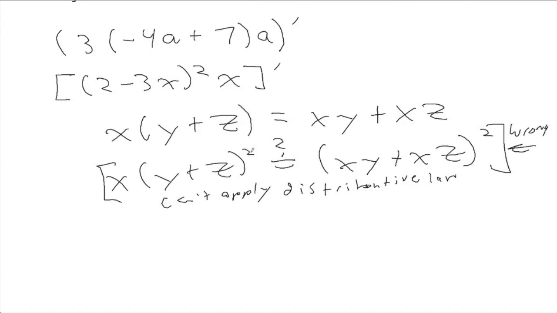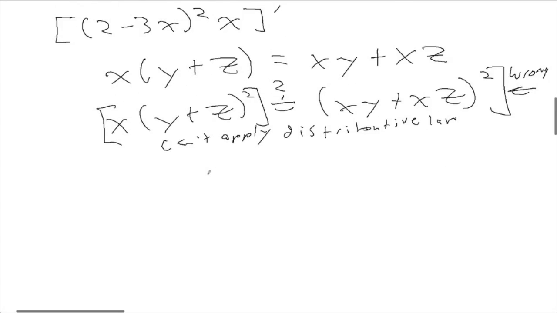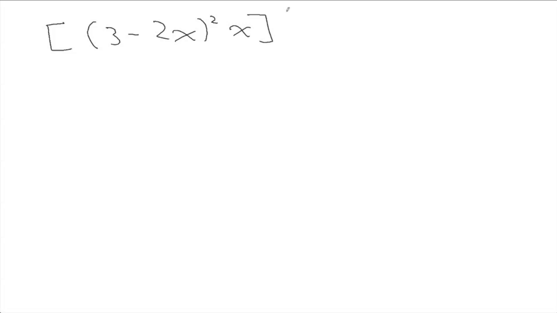So how do we get rid of this exponent? Well, you were just mentioning you can get rid of the exponent by using FOIL to multiply y plus z times y plus z. Okay? Mm-hmm. Let's try this problem.